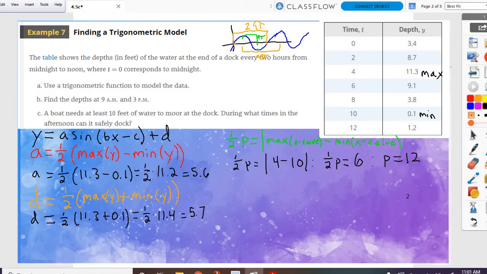Now, remember that our b and our p are two different things. Please, do not just plug in 12 for b. Because remember, we get our period from the b-value, but they are not the same thing. Remember when we talked about it and we found it, they have an inverse relationship with one another.